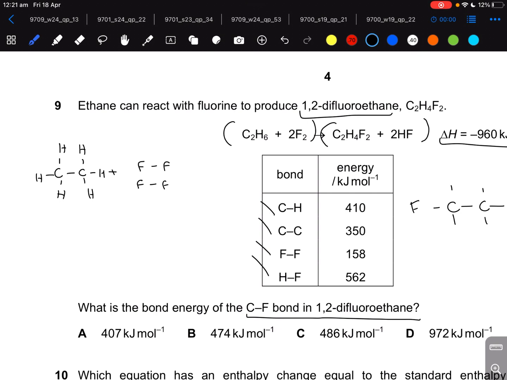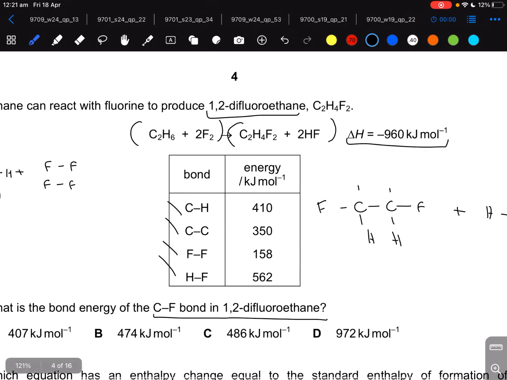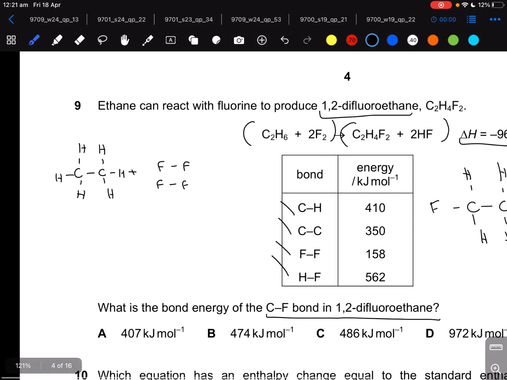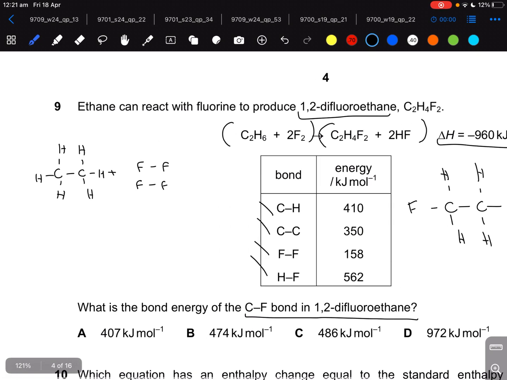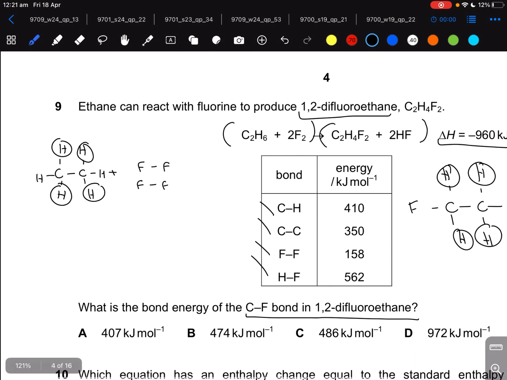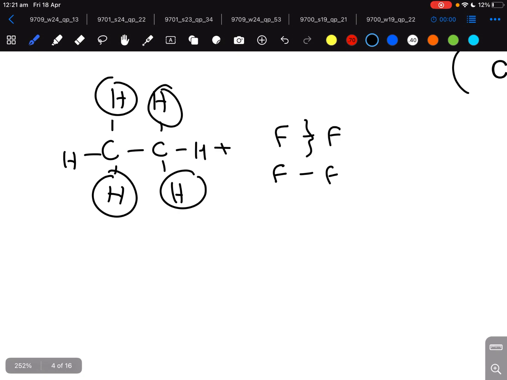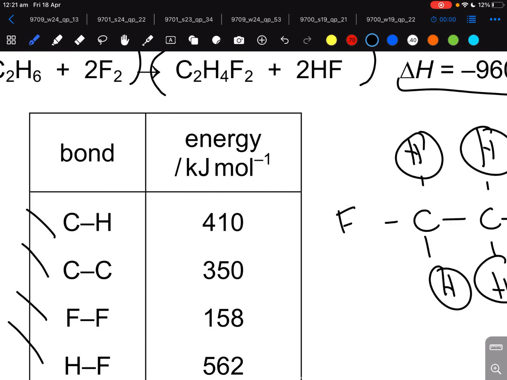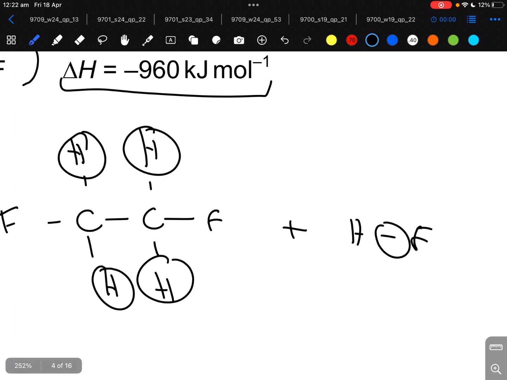From what I can see right off the bat, the C-C bond is not being broken, so I'm going to leave it on its own. It's a base there, and these 4 hydrogen atoms stay. They aren't being broken. What you're breaking are these bonds and these, and then you're forming the HF and these C-F bonds.